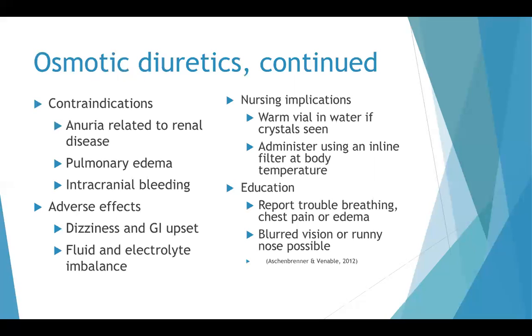We need to assess our patient for pregnancy or breastfeeding, and we need to be aware that elderly patients are at increased risk for problems related to rapid fluid loss. We need to monitor hourly urine output. Typically, an indwelling catheter is required with mannitol. The drug rate should be adjusted to maintain the urine output of 30 to 50 mLs per hour.